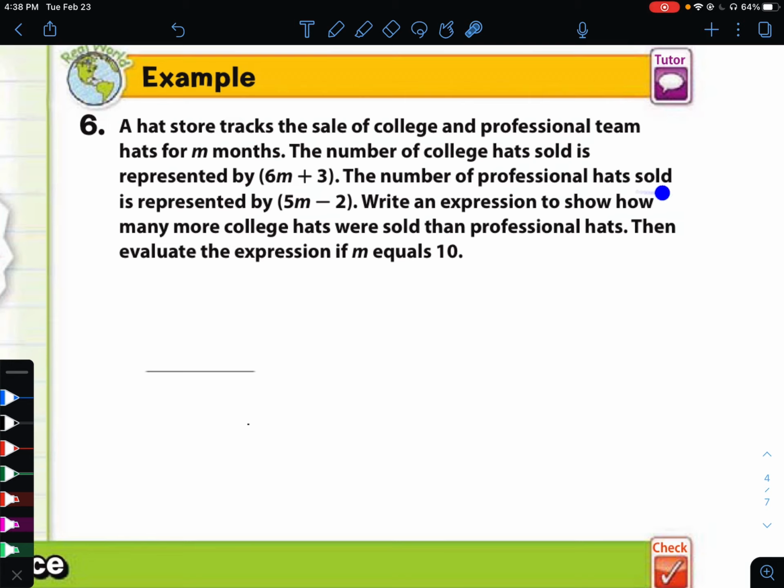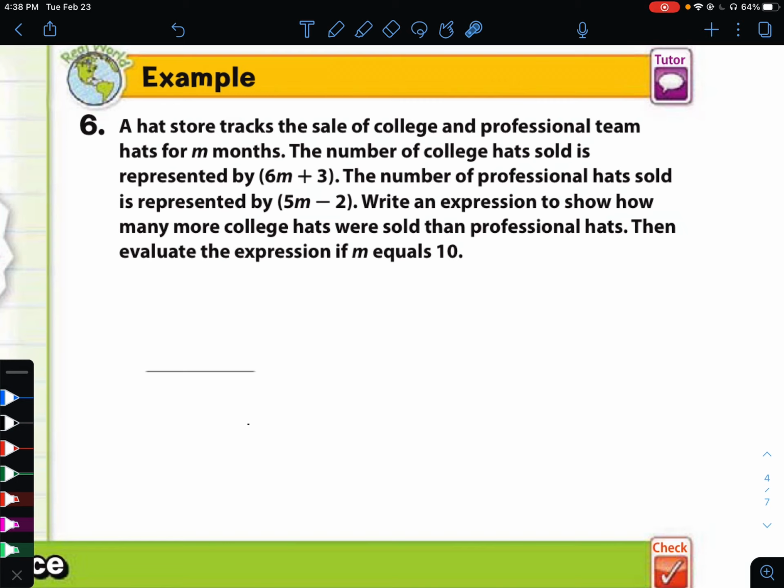The number of professional hats sold is represented by 5m minus 2. So write an expression to show how many more college hats were sold than professional hats. Then evaluate the expression if m equals 10.